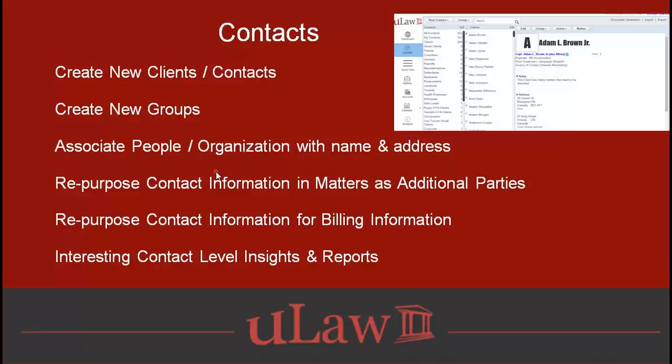So we have clients who create additional groups, like clients in Mississauga, clients in Toronto, clients in Ottawa, in British Columbia. We have clients who actually have groups for individual cities that they represent clients in. So the groups are a fun, easy way for you to classify your contacts and then search for them and retrieve that information quicker.